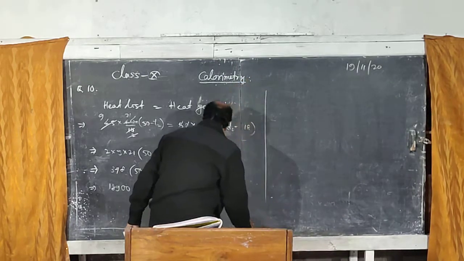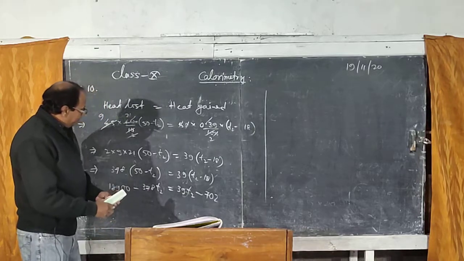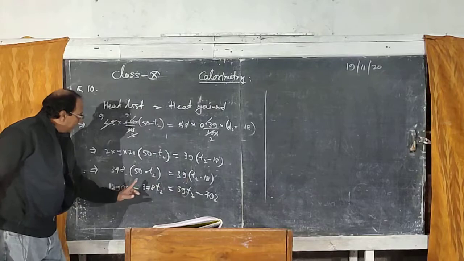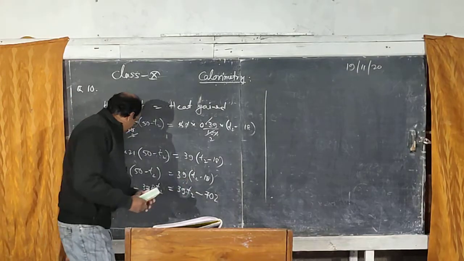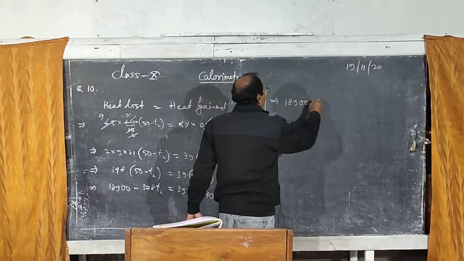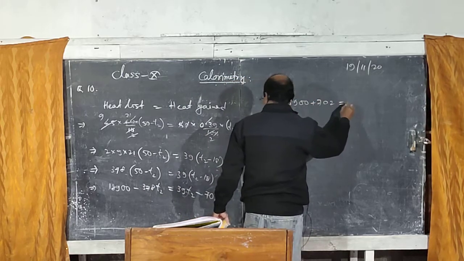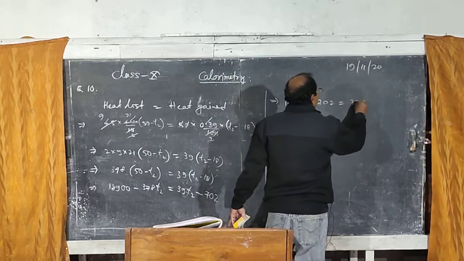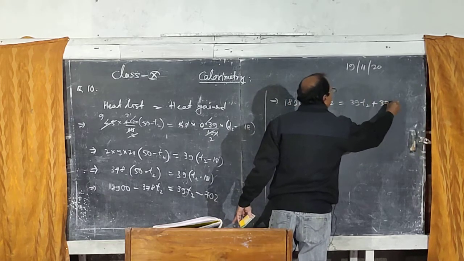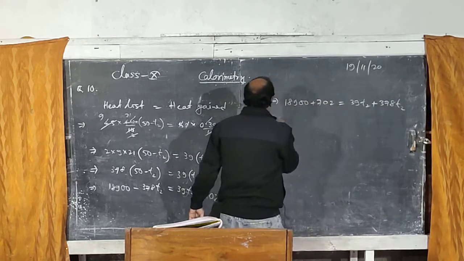We will continue with the calculation. Here we will bring this 702 to this side and we will bring this one to this side. So 18900 plus 702 is equal to 39 T2 plus 378 T2.